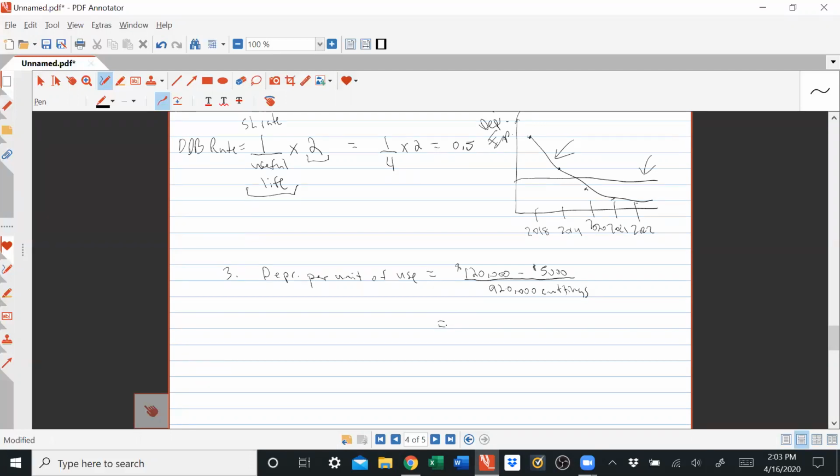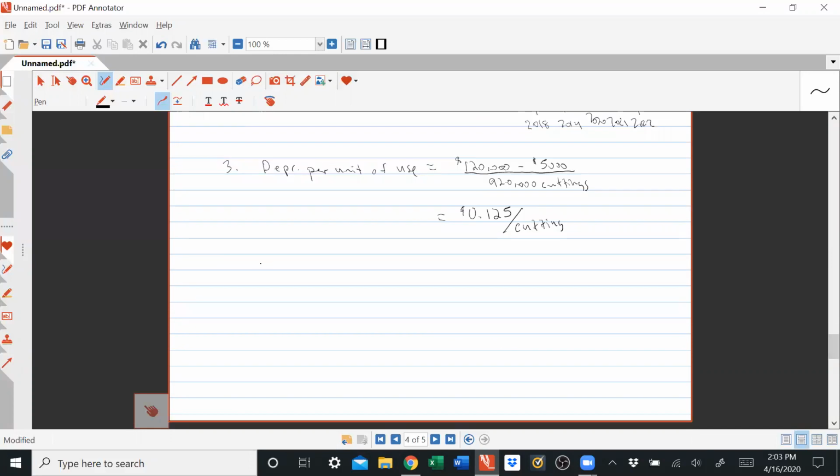So the depreciation per unit per cutting is 12.5 cents. And so in 2018, the depreciation expense is equal to the actual number of cuttings that happened in 2018 multiplied by the depreciation per cutting.